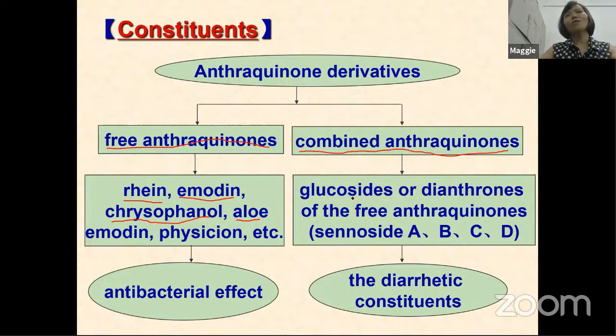So the constituents of the rhubarb include anthraquinones, free and combined. Usually free anthraquinones have an antibacterial effect, and combined anthraquinones are the diuretic constituents. So these are constituents.